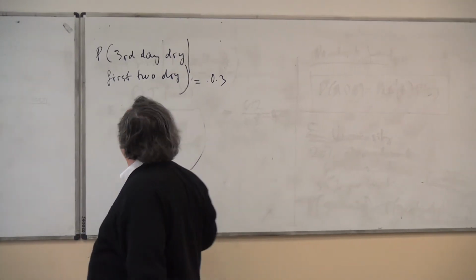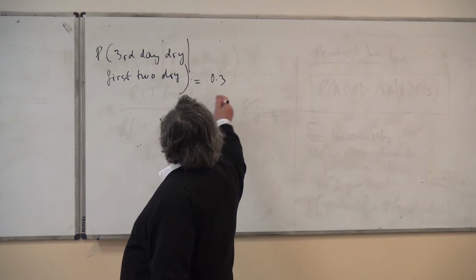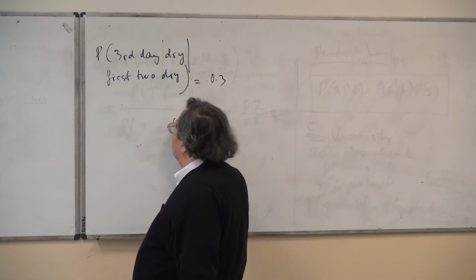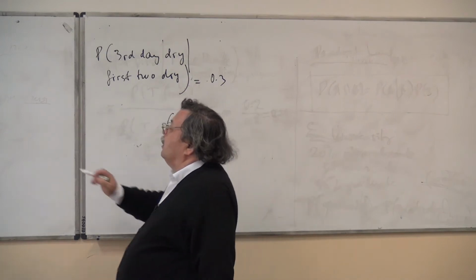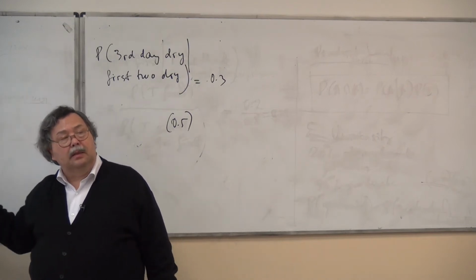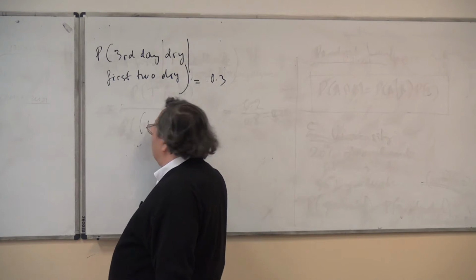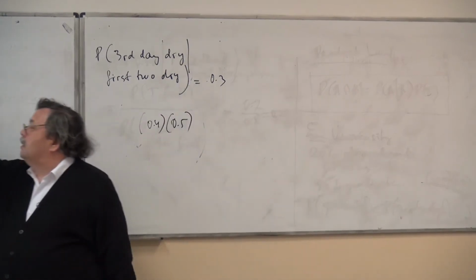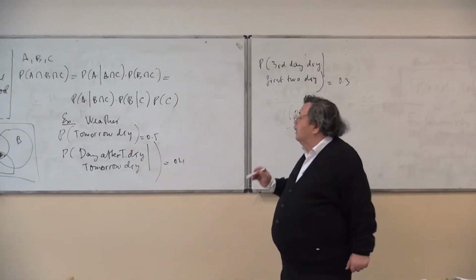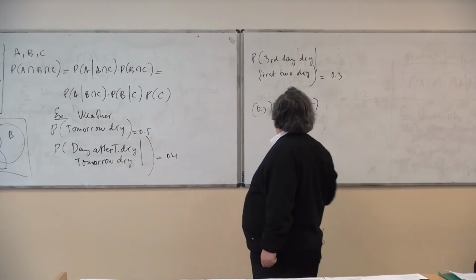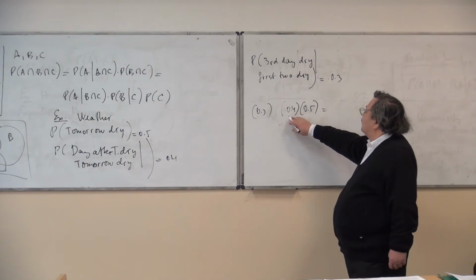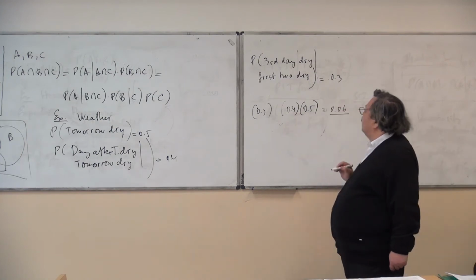Using this formula, we first write the probability that tomorrow will be dry, which is 0.5. Then we multiply it by the probability that the day after tomorrow will be dry, given that tomorrow is dry, which is 0.4. And then we write this, the probability that the third day is dry, given that the first two are dry. And this is 0.3. Okay, and what is this probability? I think it's, is that correct?